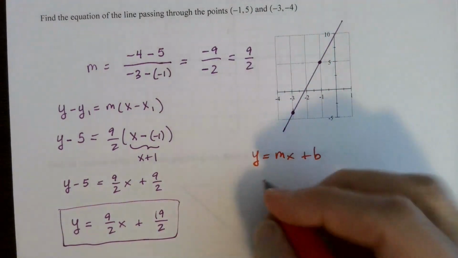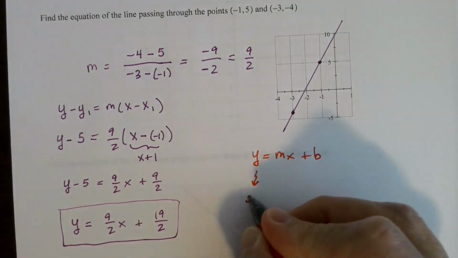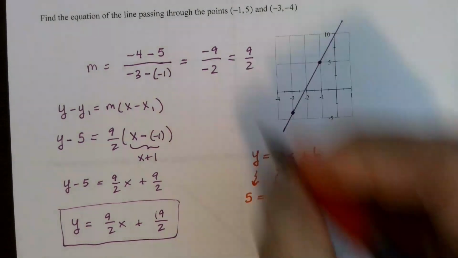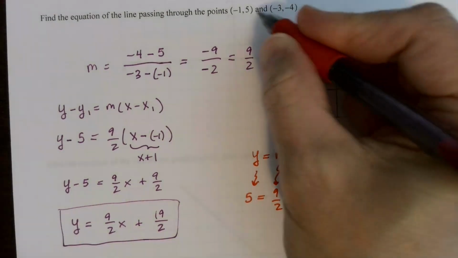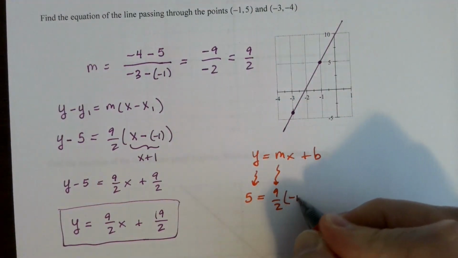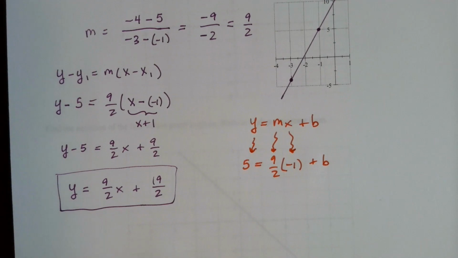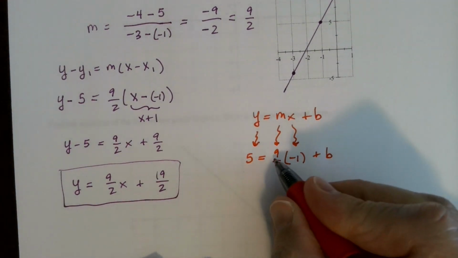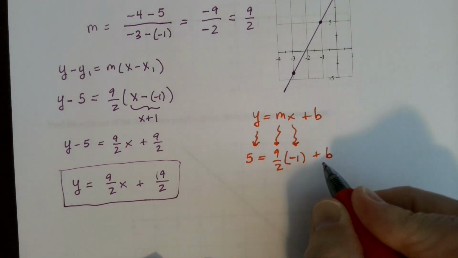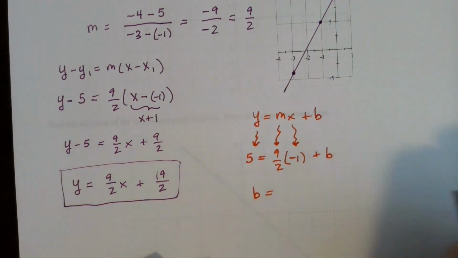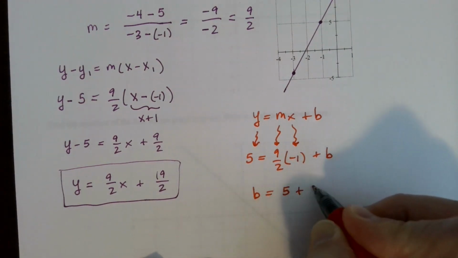All right, so y is 5. m is what? 9/2. And x is what? -1. Right? And now I can solve for b. I get -9/2 plus b is 5. So what is b? I add 9/2 to both sides. I get 5 plus 9/2.